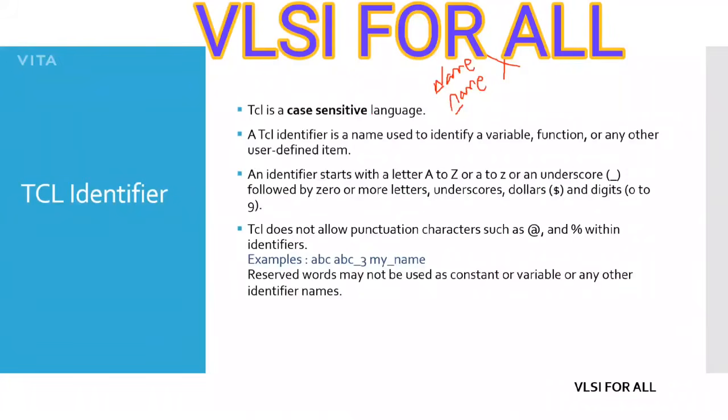Okay. So an identifier can start with any of the alphabets from A to Z, either in caps or in small, or it can start with an underscore. So anything you write as set, and then here the first letter can be A to Z, caps or small, or it can be an underscore.